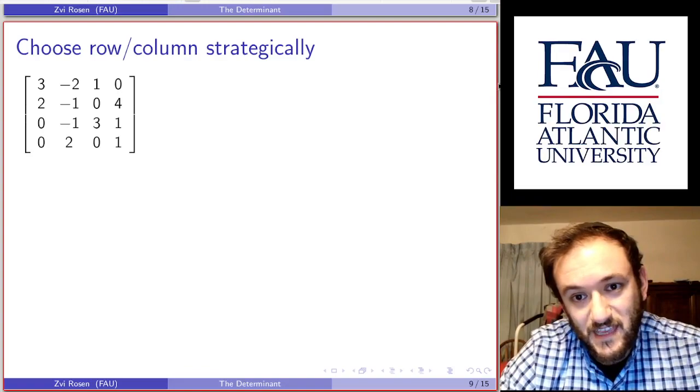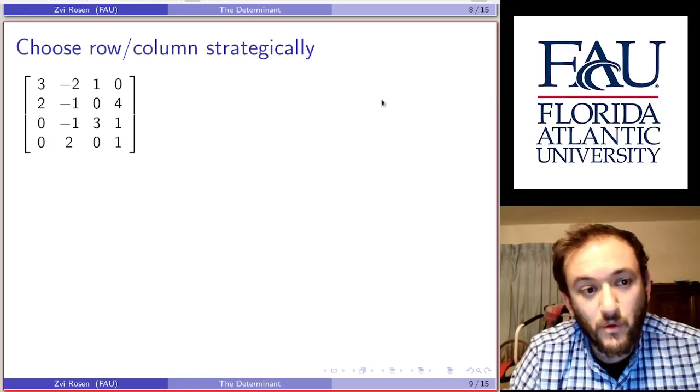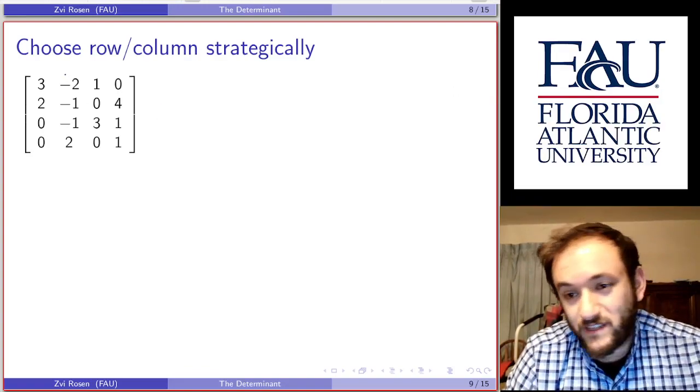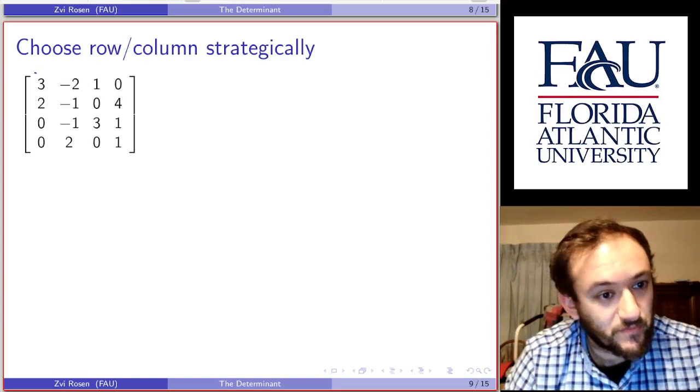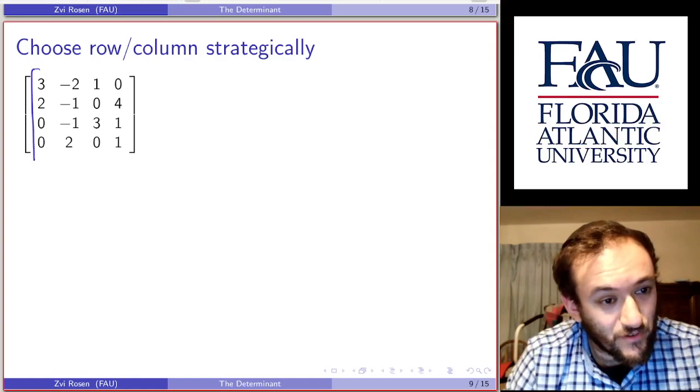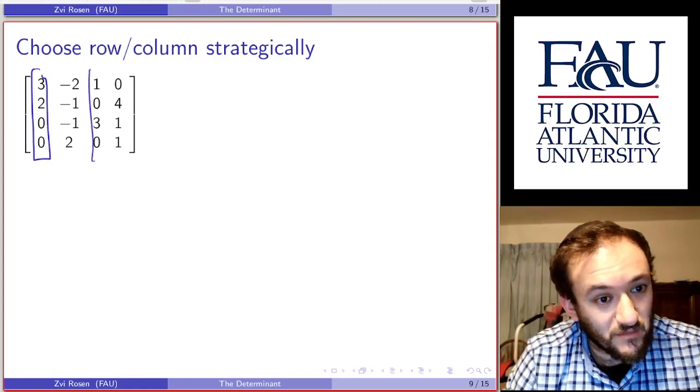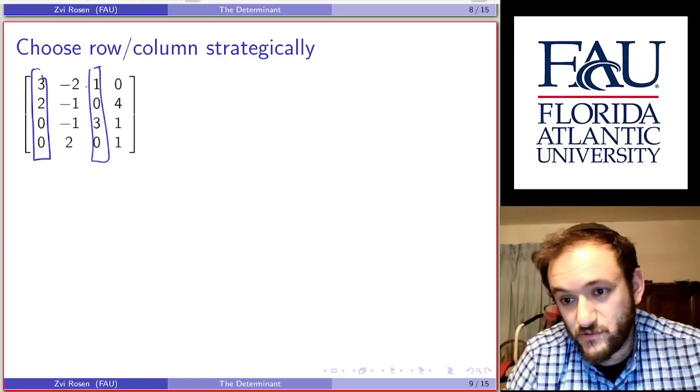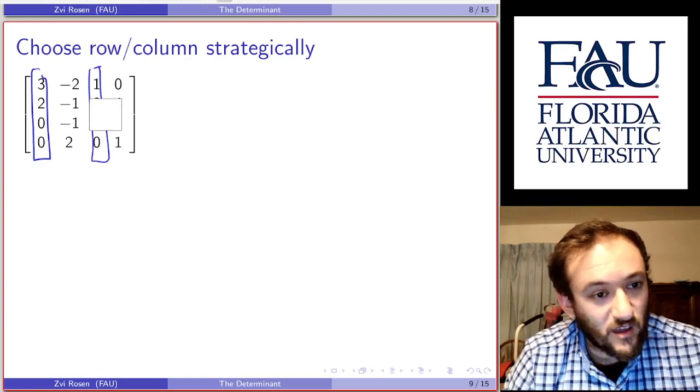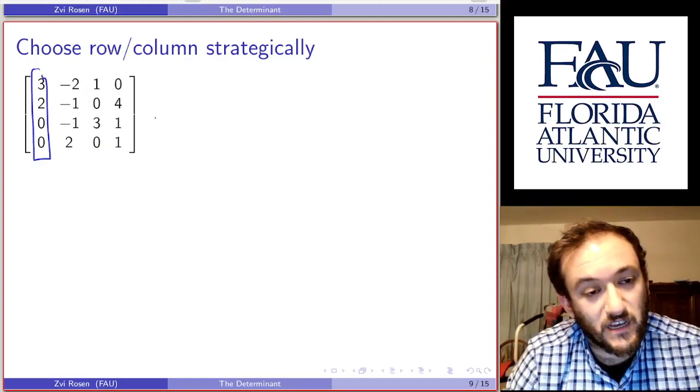So in this example, I want to choose a row or column so that I run into as many zeros as possible. So for that, I could pick actually either the first column or the third column. These both have 2 zeros. For simplicity, I'll pick the first column.